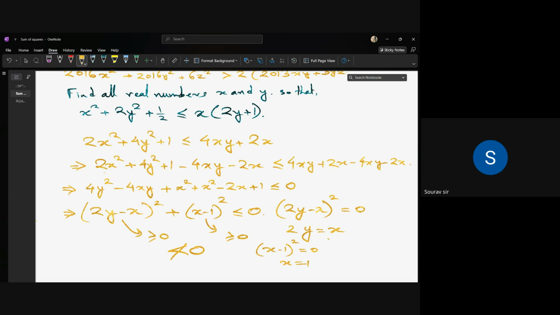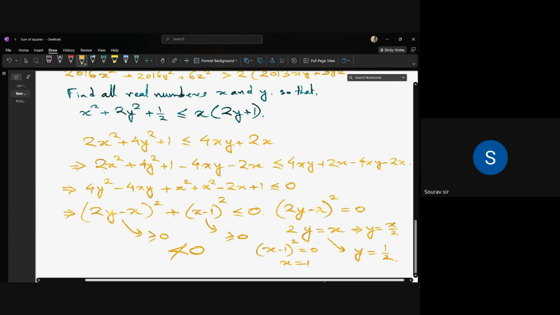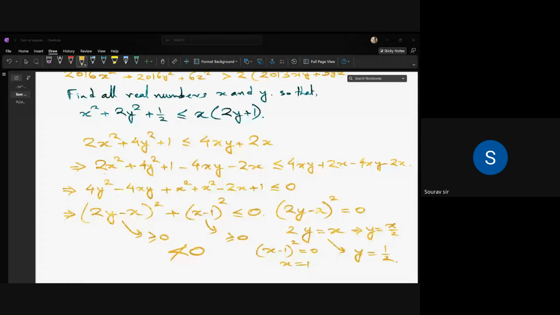So basically then y is equal to x by 2, so y will be 1 upon 2. Okay. So we have found all the real numbers x and y so that this inequality holds. Please try to understand these steps, and if you want to copy, then please do it.